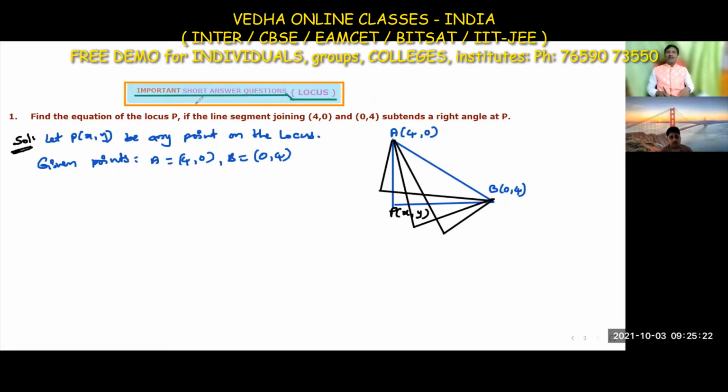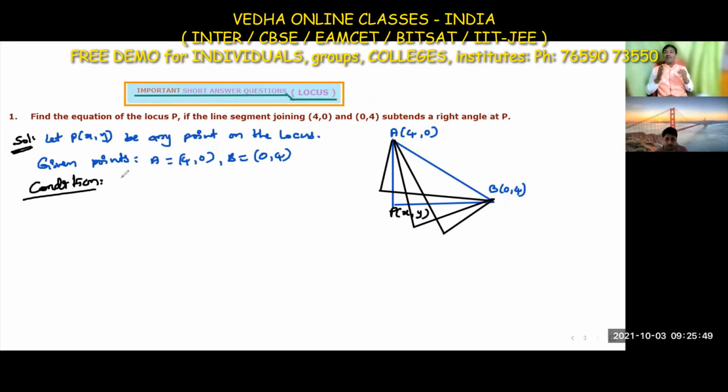Now, what is the condition here? These 3 points form a right angle triangle. A and B subtend a right angle at P means these 3 points form a right angle triangle.